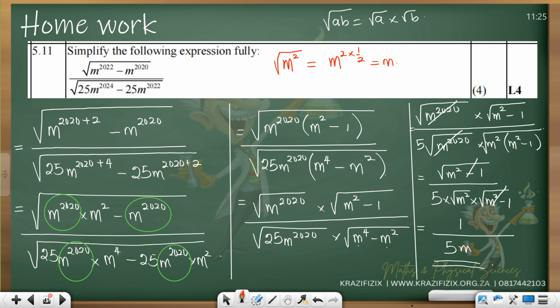If I want to use numbers for you, look at this. If I say 5 squared, what is 5 squared? 25. What's the root of 25? Do you see that? Does that make sense? Good. So anytime, if I say the root of 9 squared, you don't even have to do anything. It's just 9.